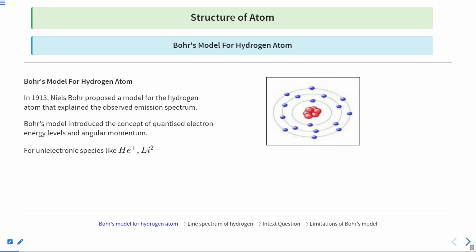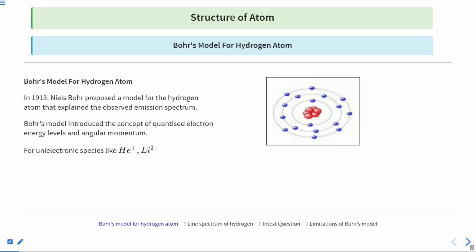You can say either of them. It means the electron can rotate in certain orbits only, and with certain angular momentum. Both of these things are quantized: the energy is quantized, and if energy is quantized, then angular momentum must be quantized, because they are related.